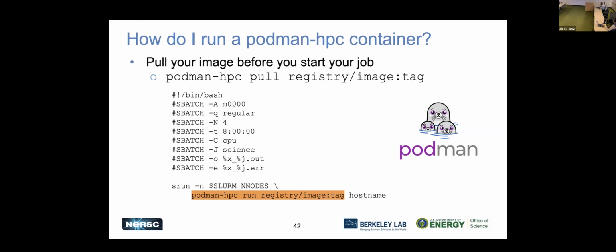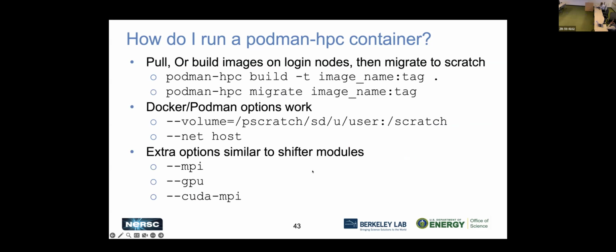And so Podman has a very similar feel to it for running a Podman container. So you'll do your pull of your image. And then again, the command that you would run is podman-hpc run, and then your image or the location of your container. So pretty straightforward there. I guess the most difficult part is just making sure you set everything up correctly to pull the image.